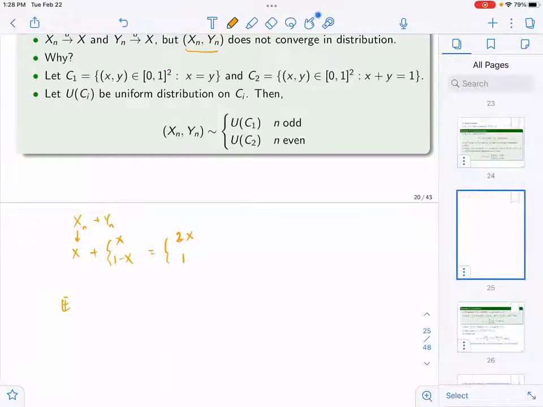Expectation of what though? The thing is, this is not a bounded function. So this has to converge to something.